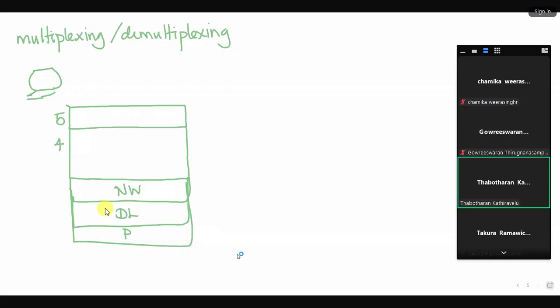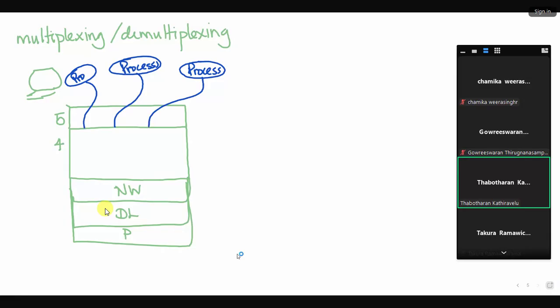So when multiple applications run in this host, there will be related processes. A number of processes will be running, and they all will be generating data, and they all have the need to send data to the transport layer requesting service.